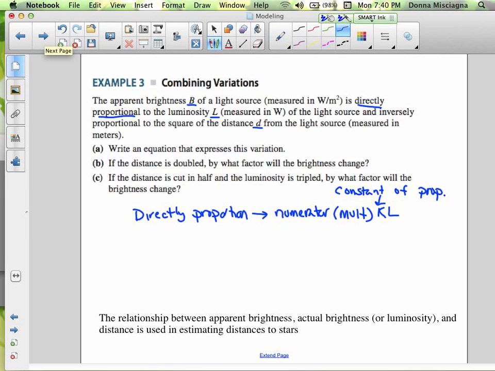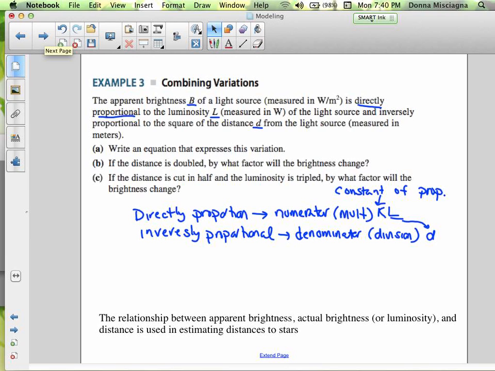And inversely proportional, it's in the denominator, it's division, and that's D. Now we don't need another K, we already got one K. So this will become a fraction with L in the numerator and D in the denominator. Oh, excuse me, not D, D squared, don't forget square.